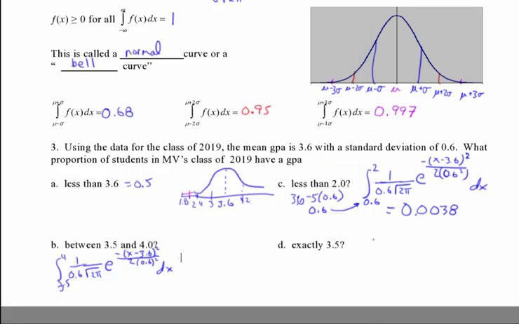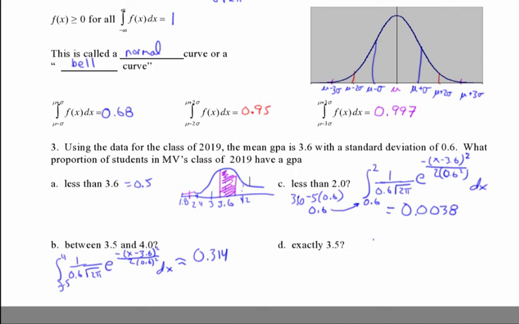So it is approximately equal to 0.314. Let's go ahead and show that over here. So 3.5 to 4 would be something like that section. So that area is approximately 0.314. And the very last one, do you know what it is?